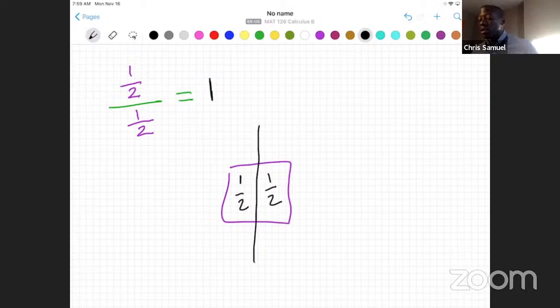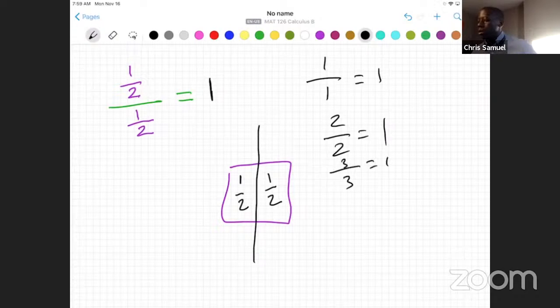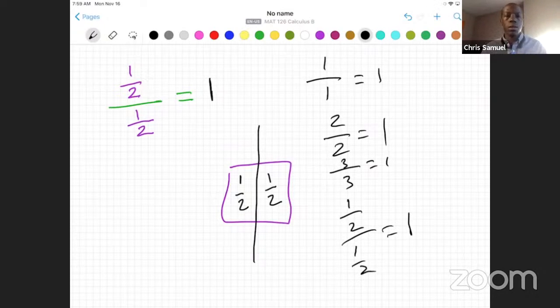Even though this looks complex to me, this is pretty much saying the same thing as 1 goes into 1 one time, 2 goes into 2 one time, 3 goes into 3 one time, 1/2 goes into 1/2 one time. So that's one thing. Now we can look at a more complex version of this.